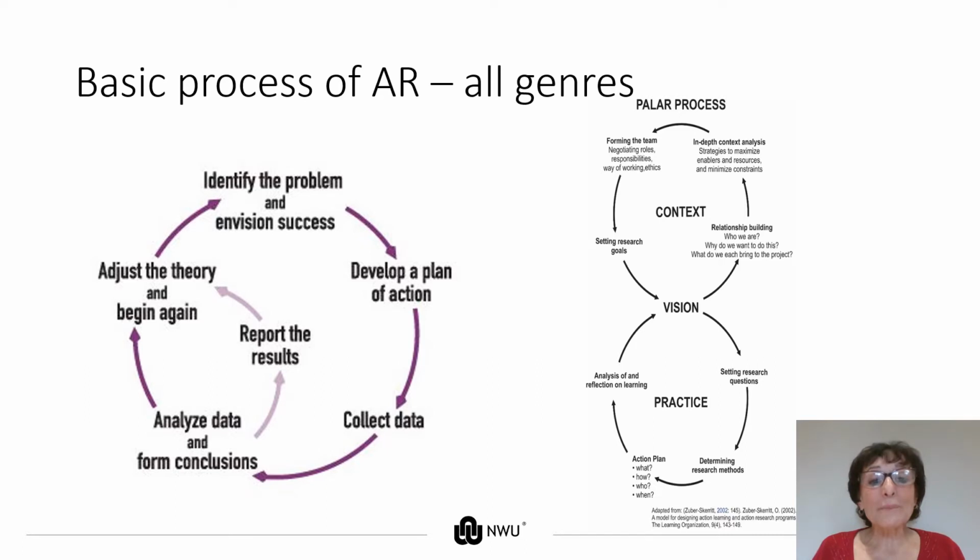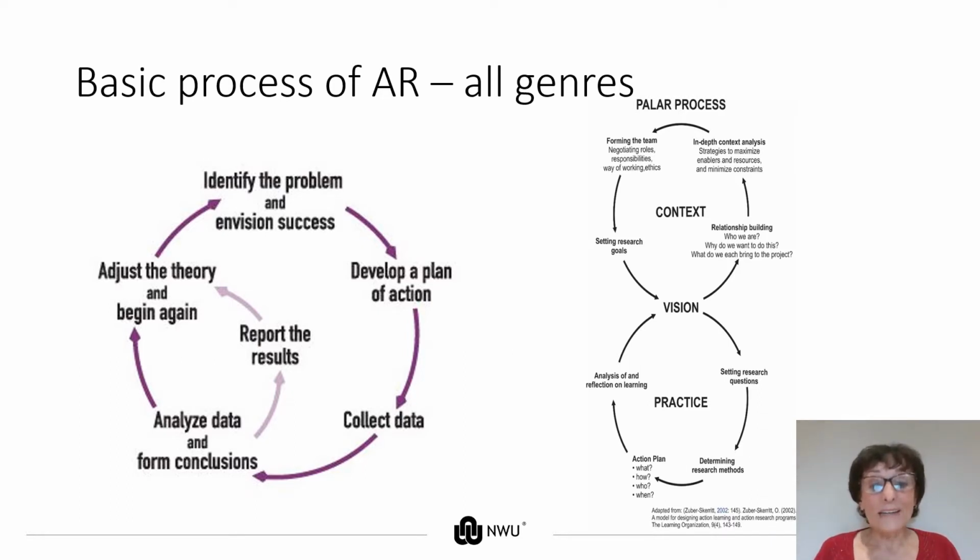Okay, the basic process of action research, all genres, as we saw a couple of videos ago, is on the left there. You observe to identify the problem and you envision what it's going to be like if it's better. You develop a plan of action, and then you act.